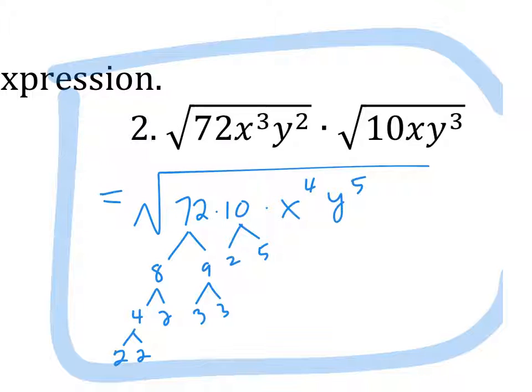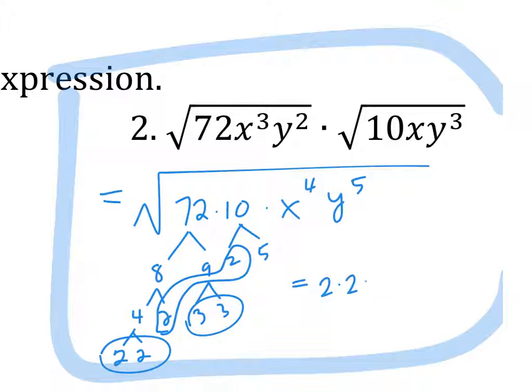Anytime you have 2 of a kind, it comes out. So 2 comes out, 2 comes out, 3 comes out. So that's 2 times 2 times 3. 5 stays inside.